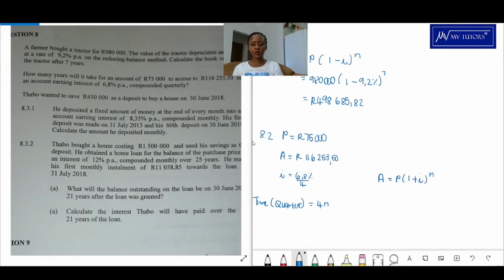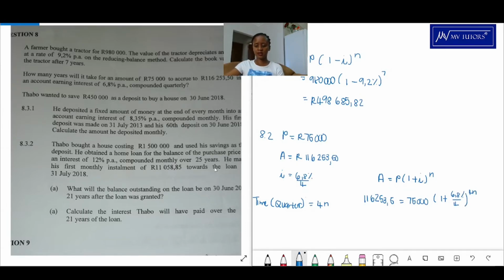So we know that it accrued to 116,253.5, and we have 75,000. And then we have 1 plus 6.8% divided by 4, and we know that we have 4 in there.